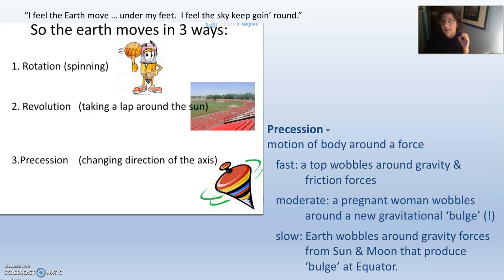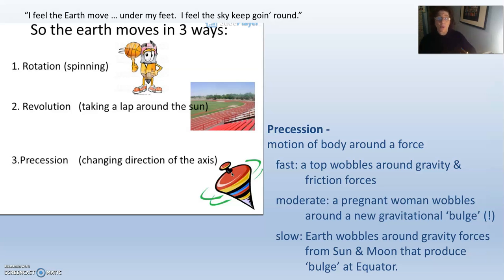So the tops that last the longest by physics are the tops that have a really prominent bulge. And gravity pulls down on that bulge, and friction slows down the angular momentum of the spin. So that wobbling happens very rapidly on a top. Now, you can think about wobbling in another way too, in a pregnant woman. And I've been pregnant, so I can say this, okay? A pregnant woman wobbles around a new gravitational bulge out of her abdomen.